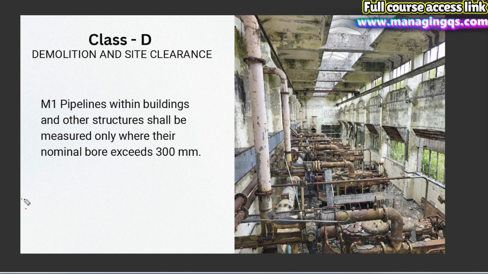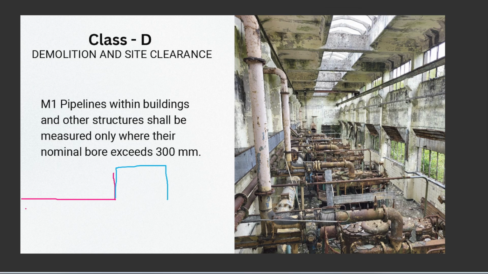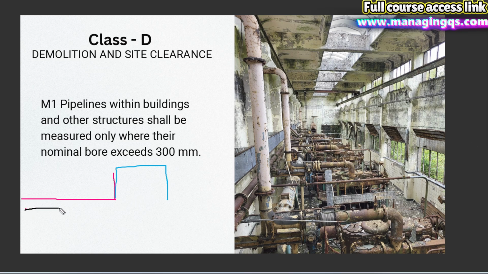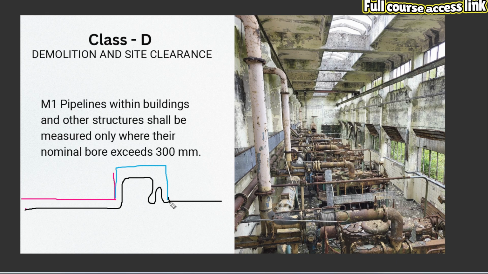We can also say it like this. This is our natural ground level, and there is a building, just imagine. The pipeline comes under the ground level, goes inside the building, and then passes out through the ground level again.